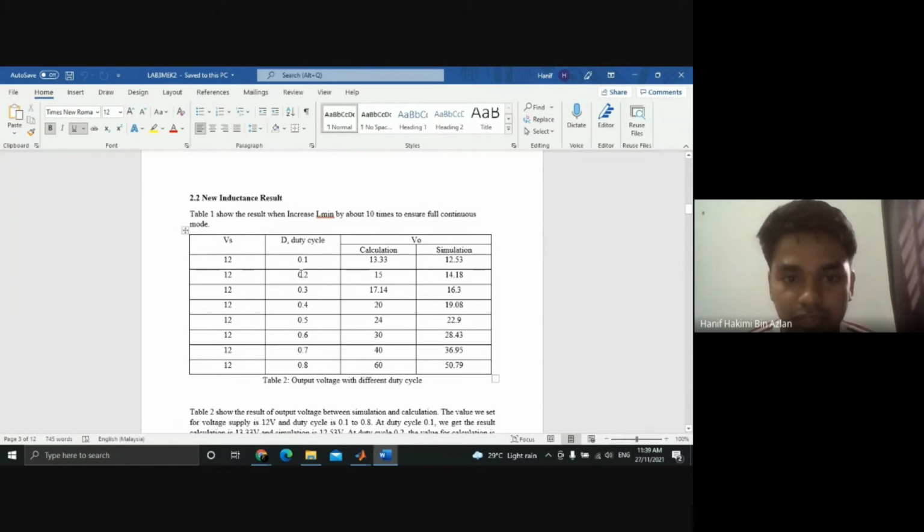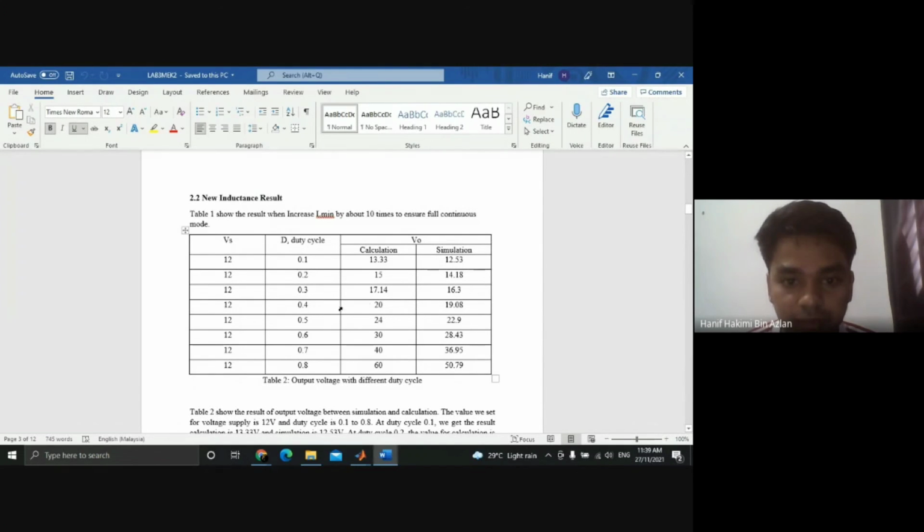For duty cycle 0.1, we get 13.33 for the calculation and 12.53 for the simulation. For duty cycle 0.2, 15 for the calculation and 14.18 for the simulation. For 0.3, 17.14 and for the simulation 16.3.